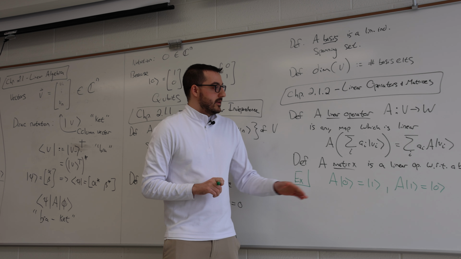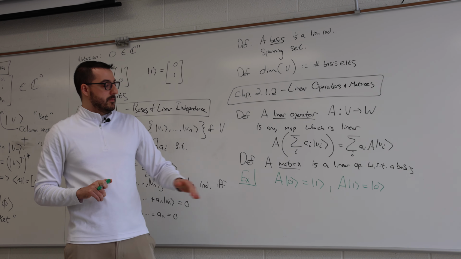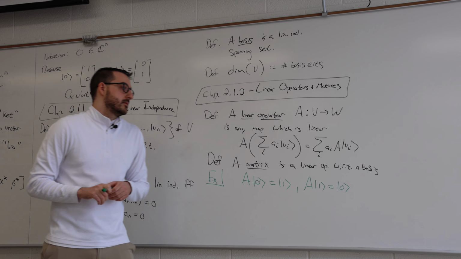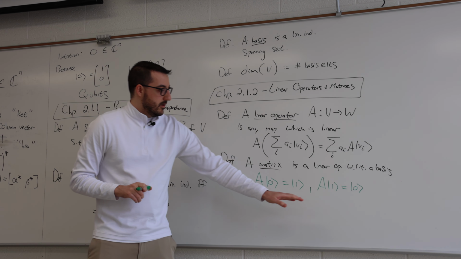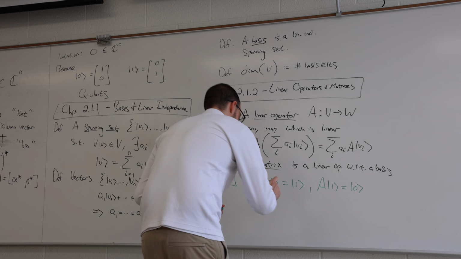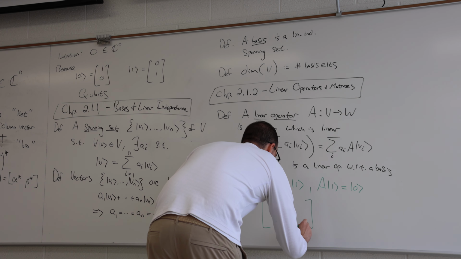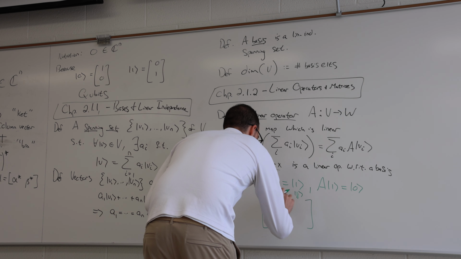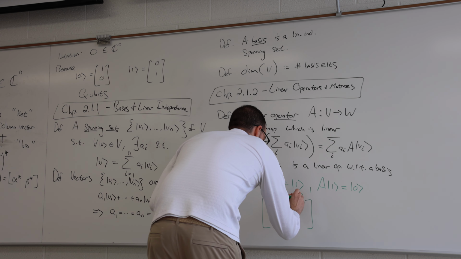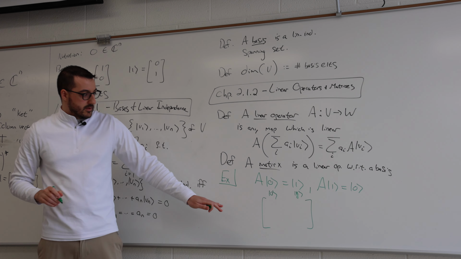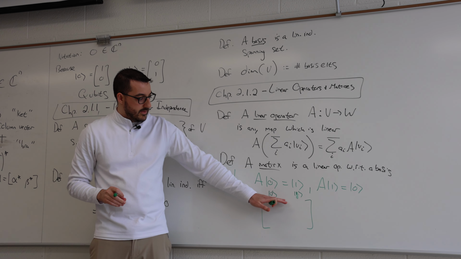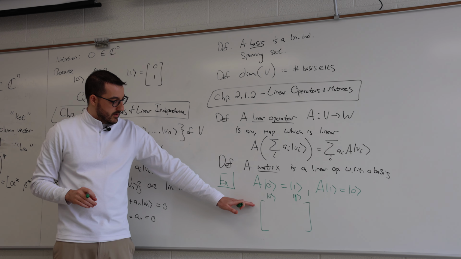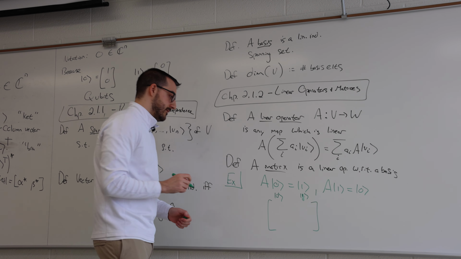How would I write it as a matrix? Well, it's going to be basis dependent. So let's choose the basis for now, 0 and 1. And in the textbook, you'll see, and you may have seen in your linear algebra courses, we could write the order of the input basis on the top, and the order of the output basis on the left.